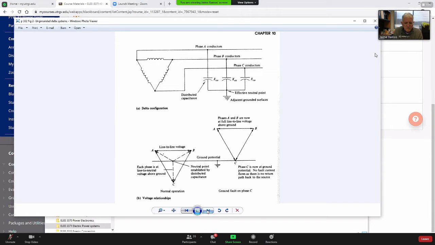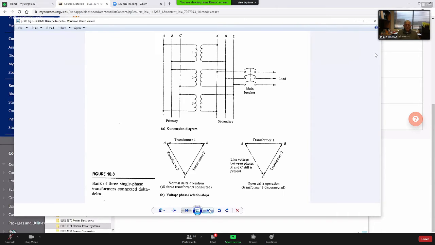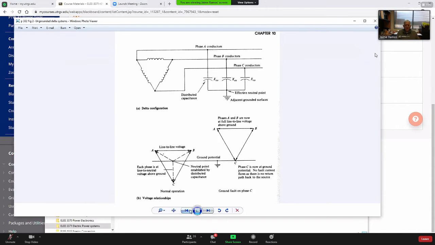Fine. So this is the case of an ungrounded system. The conclusion of this diagram is that if C is grounded, then the system can remain operational as long as A and B can support the stress of going to line-to-line voltage.